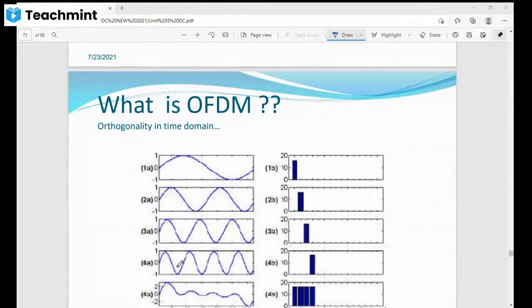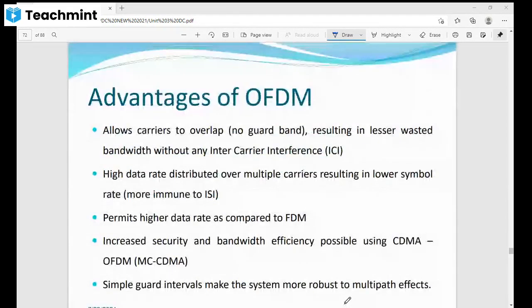So to overcome the multipath effect, these are the advantages of OFDM.